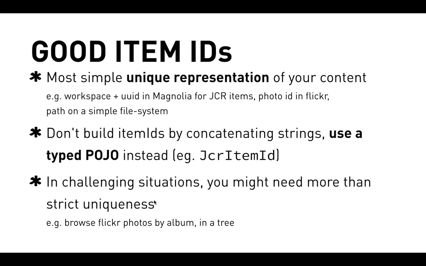And you might want to display those photos in a tree where the first level is an album. If you use only the photo ID as item ID, then it's probably not going to look that good in the tree table. Maybe if you select one item under one hierarchy, it's also going to select it in another location. So probably there you want to fine-tune it with a little bit more information.